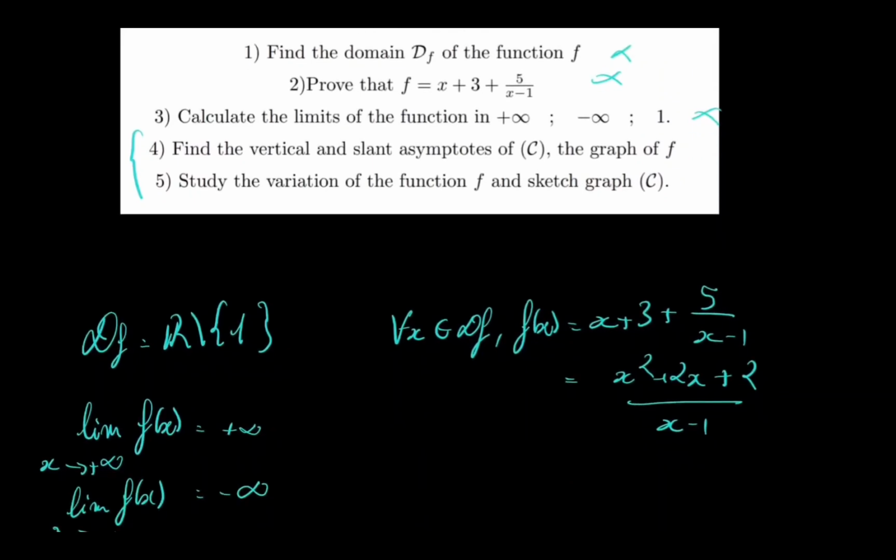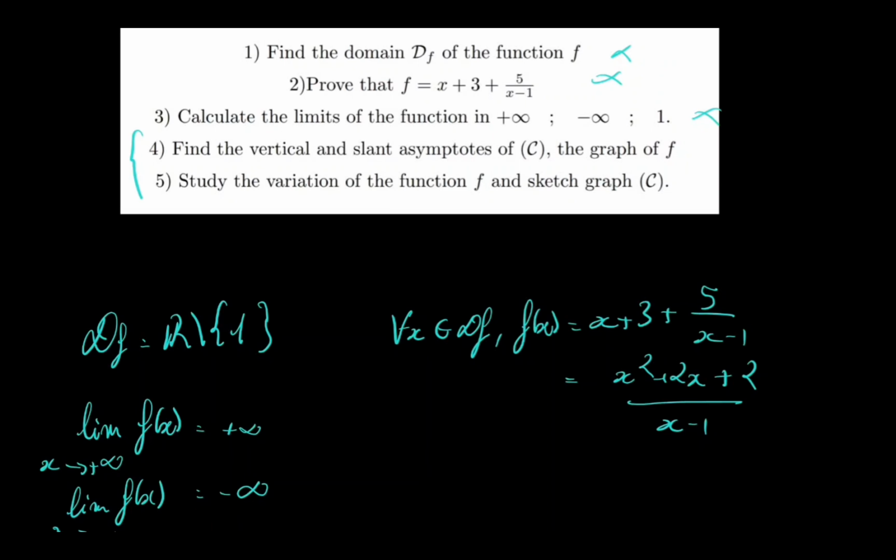We found that the domain of definition of f is equal to R without the element 1, because in 1 we divide by 0. For all x in this domain of definition, f of x is also equal to x plus 3 plus 5 over x minus 1.